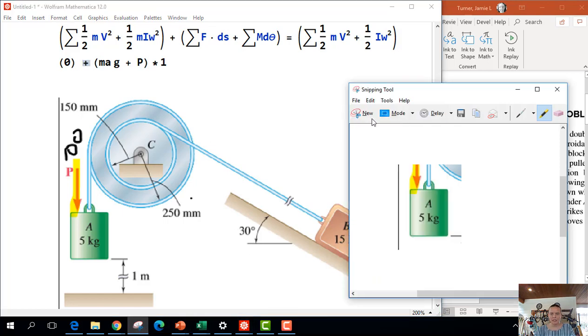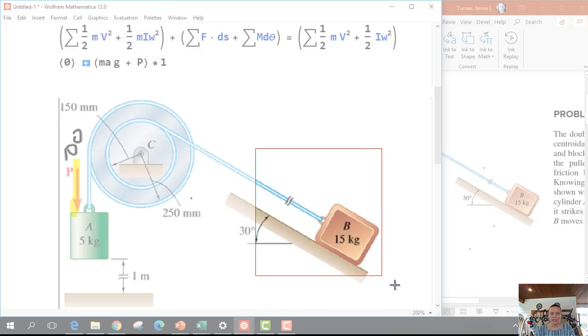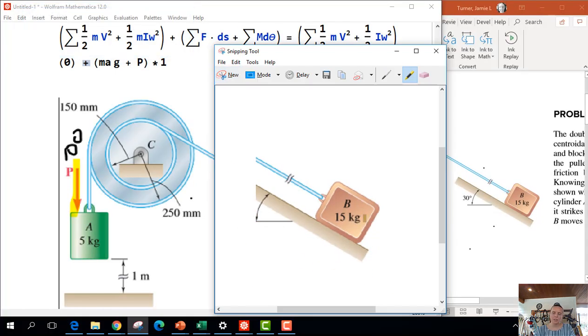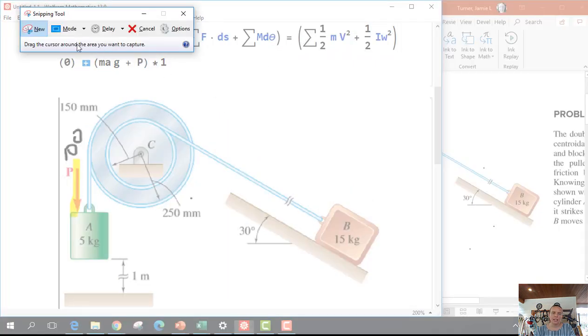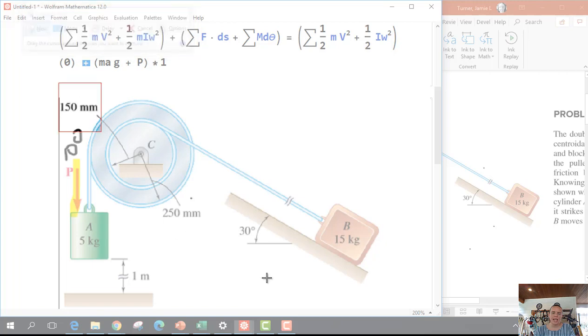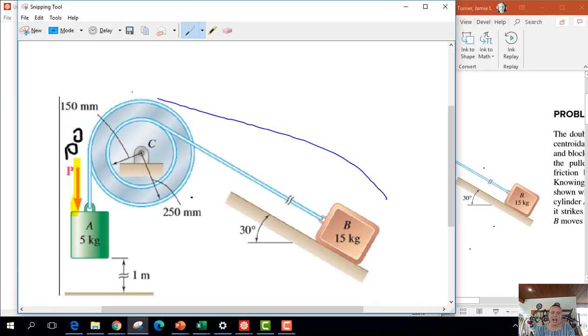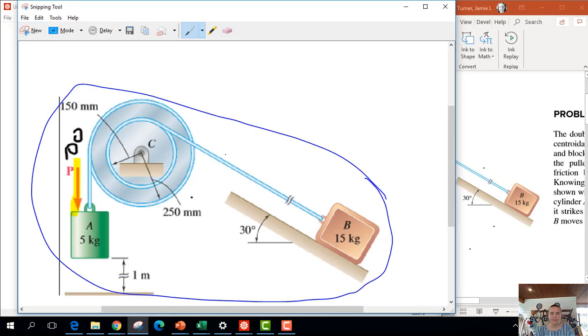The next piece, B. As A is moving, B is moving too, and we need to say what forces are acting on B. If we say our system is the entire thing, the tension is pulling down on the cylinder and pulling up on B, so you get equal and opposite forces, and I won't have to worry about the tension yet.